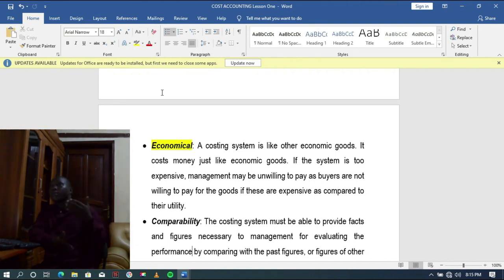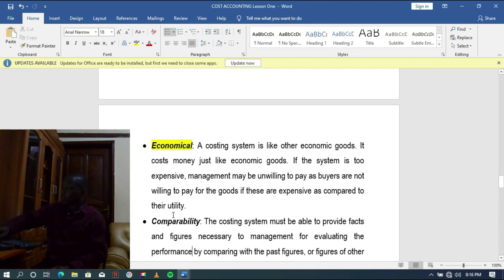Because when the costs of operating this system are high, then just know that the cost of producing your commodities will also be high, and this will force you to hike the prices of your commodities. And at the end of the day, customers or consumers will prefer to go for other goods of other competitors or other substitute goods, given that yours will be so expensive for them to consume.